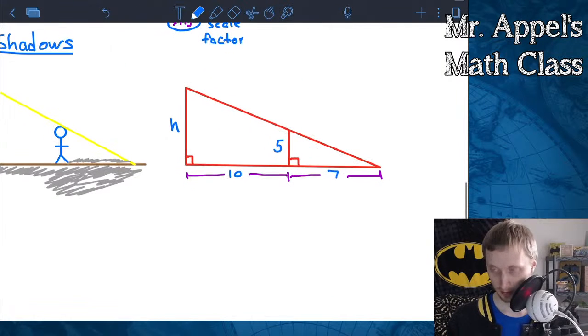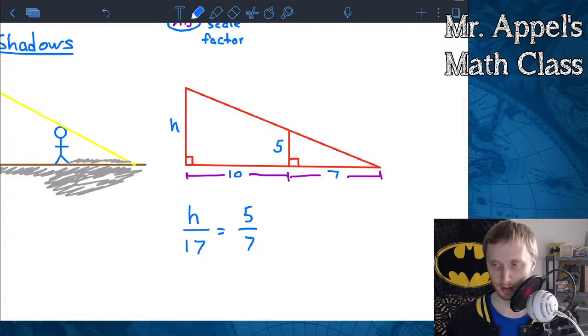So we could set this up again any number of ways. I'm trying to find the height h. Let's start with that. H compared to this total length, 17, is going to be the same as 5 over 7. Those will be the same ratio. So from 7 to 17 is the same as from 5 to h.